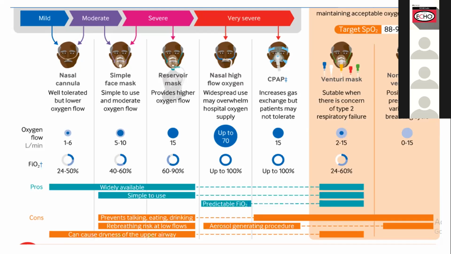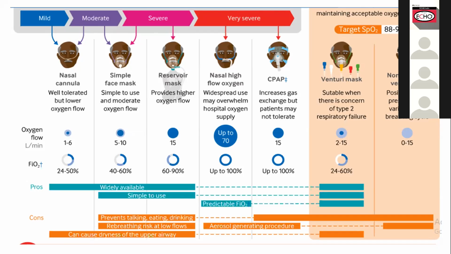When you are using a mask with a reservoir, you need to give from 10 to 15 liters. If you go below 10, the patients may rebreathe the CO2. And this mask can also cause dryness of the airways, so you need humidified oxygen.